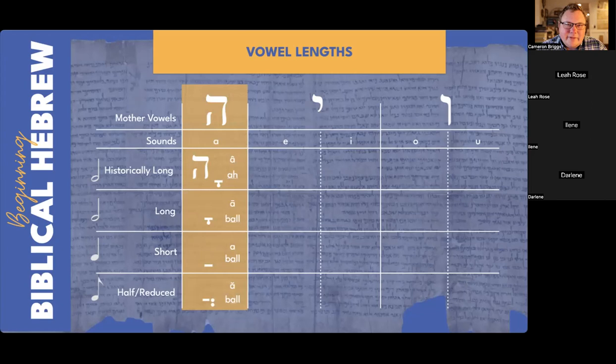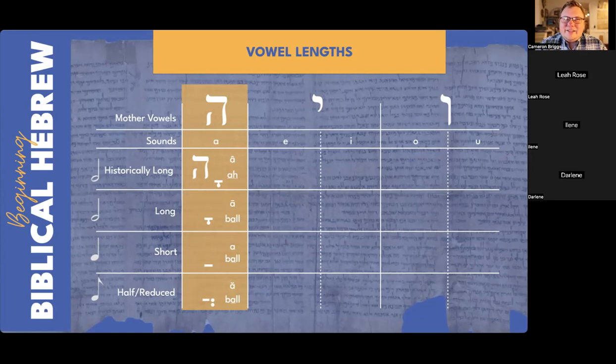Over time, some of the heys drop out and it just becomes a kamats, but they're both about the length of a half note in music. But if we're shortening it, a quarter note length of it becomes a patach. And when we get an eighth note, I mean the length, it's very short.